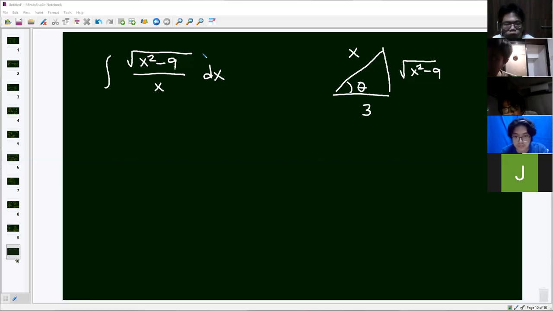Sige lang, take time to solve this last integral for the day. We'll continue on this technique the next meeting. Then after this technique, isang technique na lang guys, tapos na natin yung techniques of integration na in-offer ng mga schools. Pupunta na tayo sa applications. Yung hindi naturo sa inyo like volumes of solids of revolutions, moment of inertia, lalo sa mga mech-eng dyan.